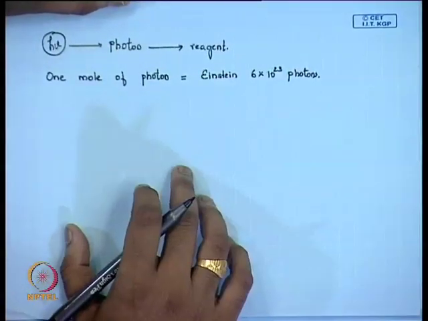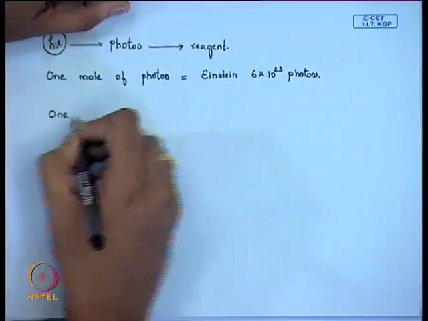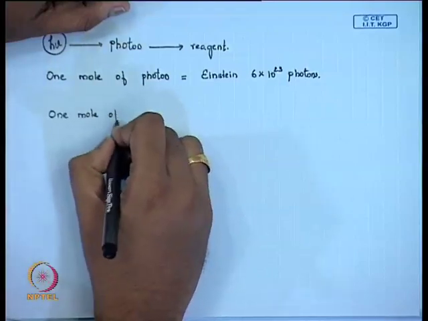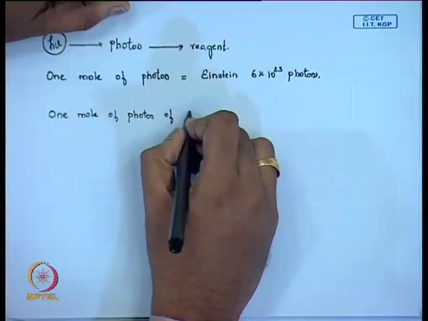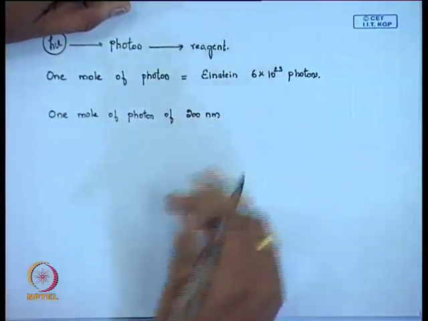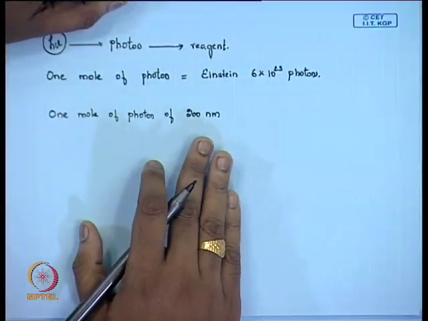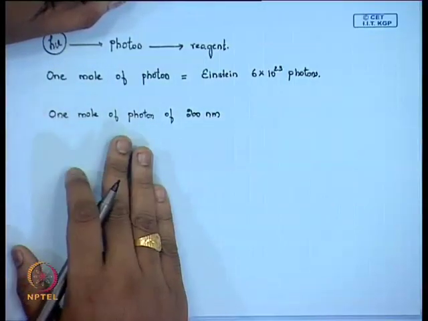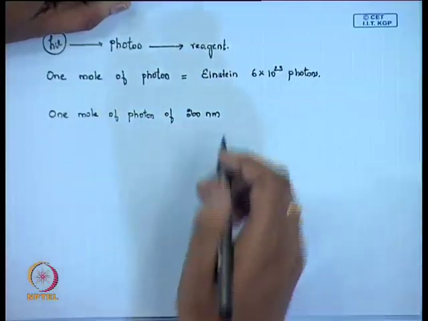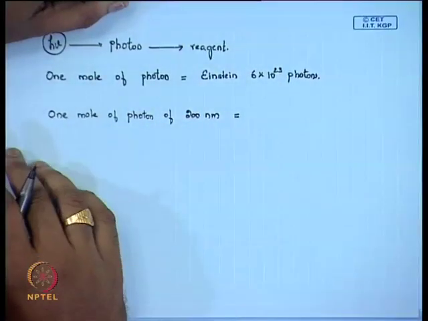Why should we know this? Because this will tell us the energy which we need to carry out our photochemical reaction. For example, if I take 1 mole of photon of 200 nanometer, so I am taking a light whose wavelength is 200 nanometer, how much energy is this going to give you?